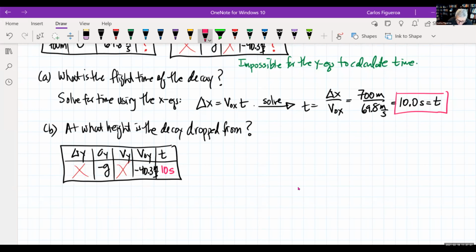But note, we're trying to solve for the height. So I'm going to modify my table and say, this is what I'm looking for now, that height here. So guess what? We don't have the final velocity. So right away, I'm going to go to the kinematics table.